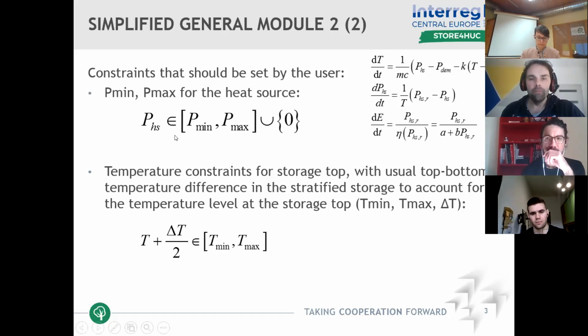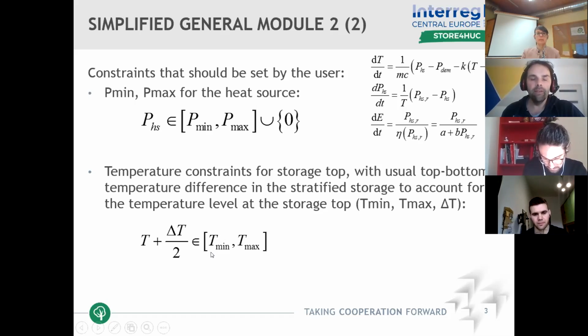And so what would have to be provided by the user from the things mentioned on this slide are, once again, to repeat: the minimum available power when the heat source is on, so the heat source cannot run with lower power than P min. Then its nominal power, P max.